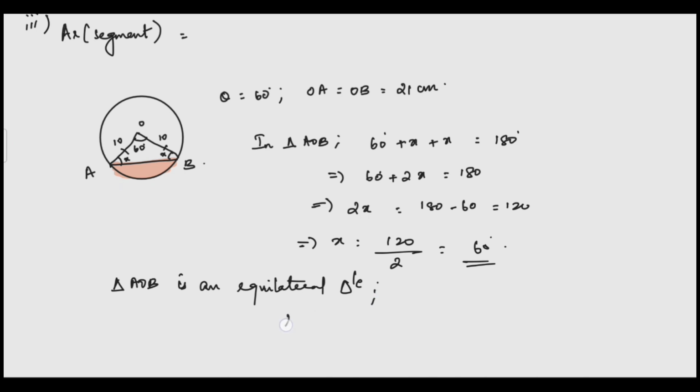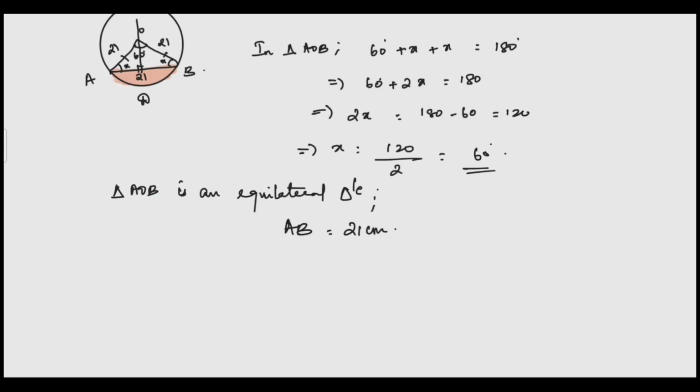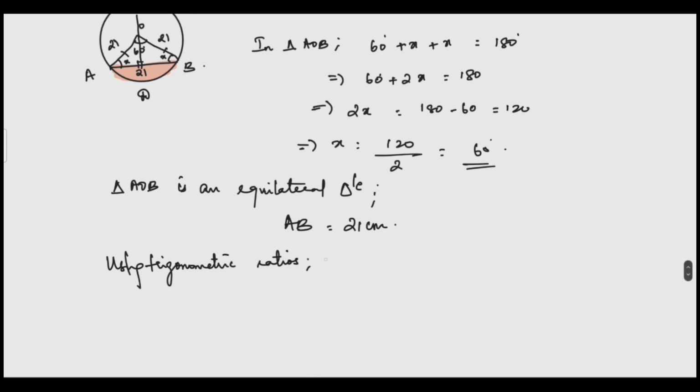So the length of chord AB is 21 centimeter. I have written here wrongly. It is 21 centimeter. This is also 21. Dropping a perpendicular and joining the perpendicular as OD, we will get the height. Using trigonometric ratios, we know sin theta is opposite by hypotenuse.